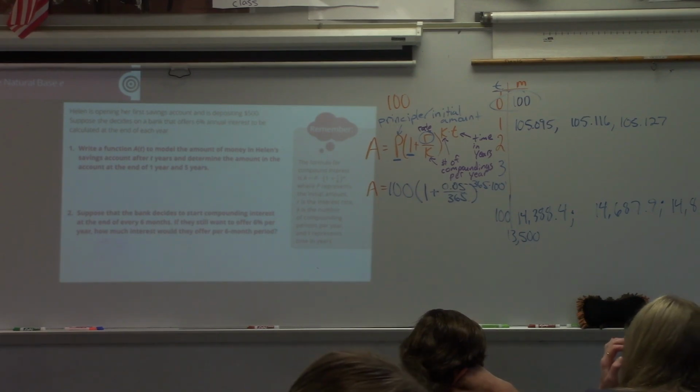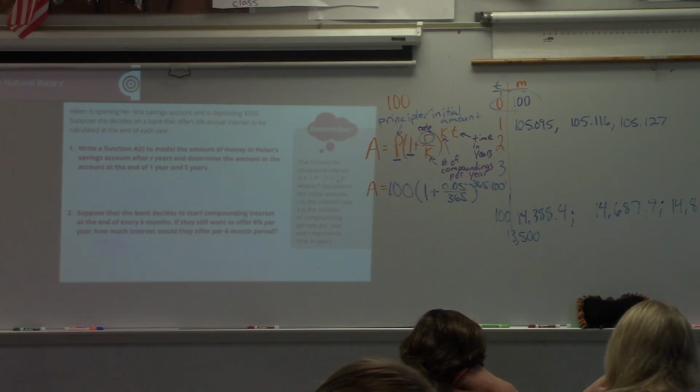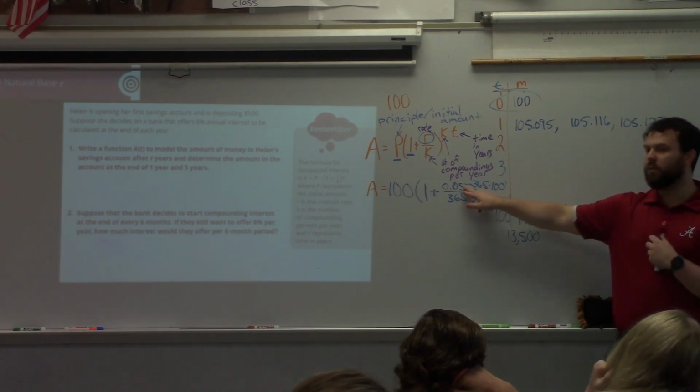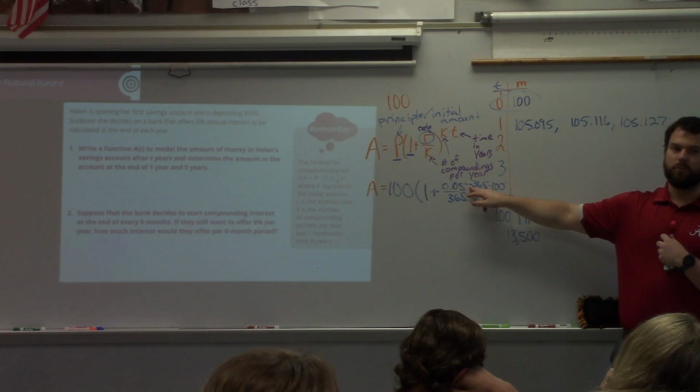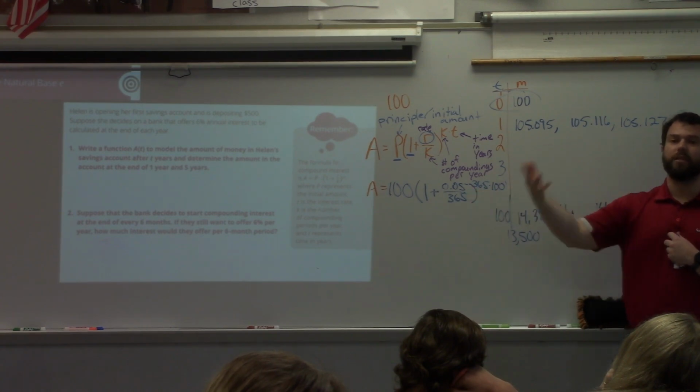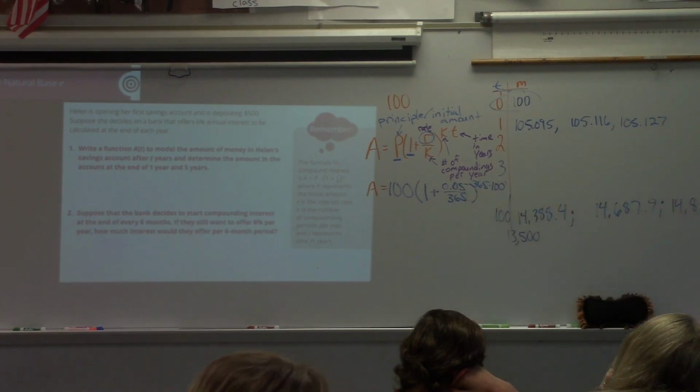R stands for my rate. Now I do want to point out, your percent needs to be written as a what? Decimal. I'm not putting it in as a 5, I'm putting it at 0.05. If it was a 10% rate, you would put it in as 0.1, things like that. And then K is just the number of compoundings per year, T is time in years.